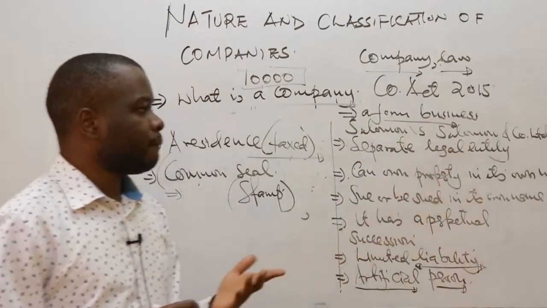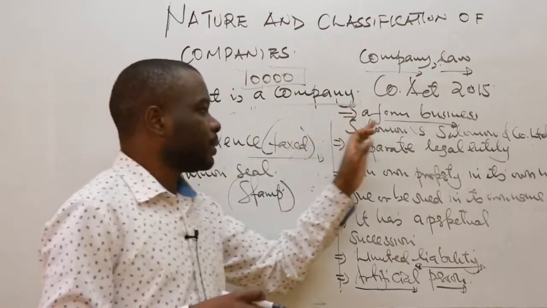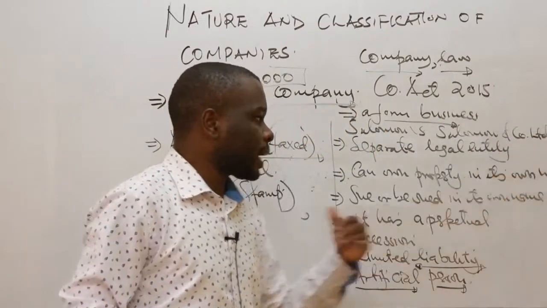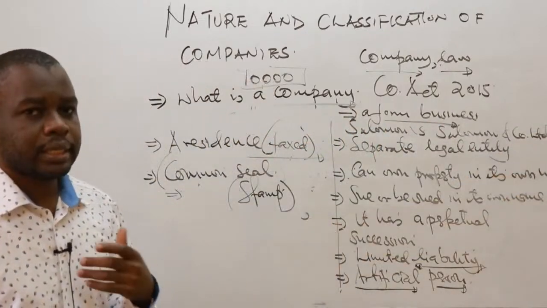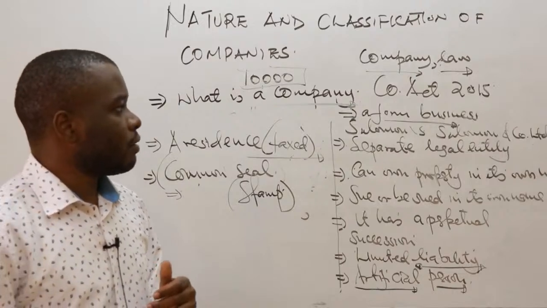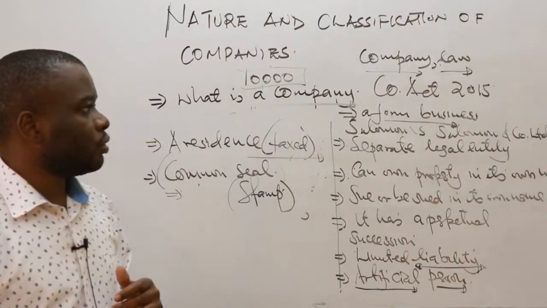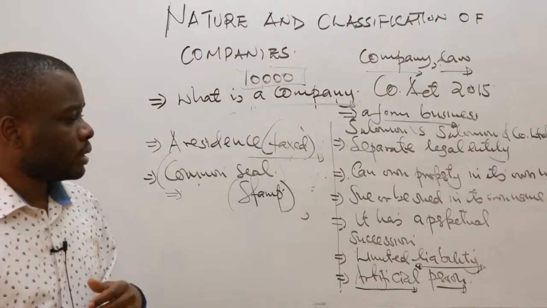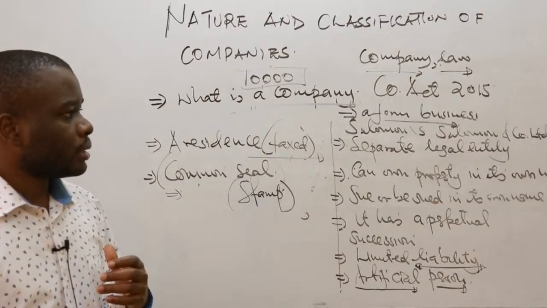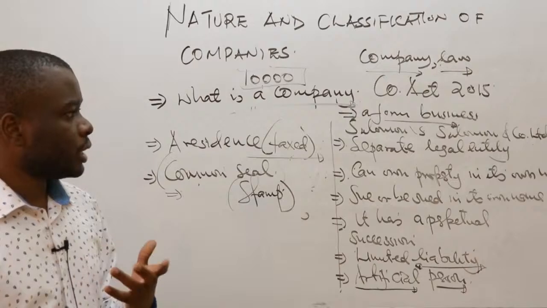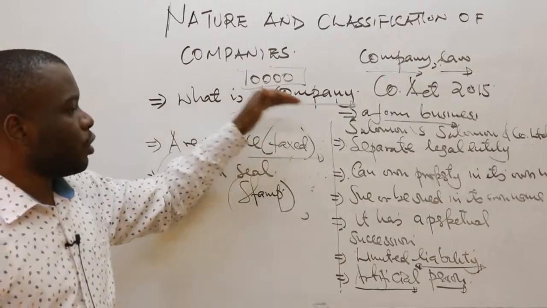For example, this one explains that a company is a separate legal entity from the owners. So I think that is what we are supposed to know about the introduction and the characteristics of a company.